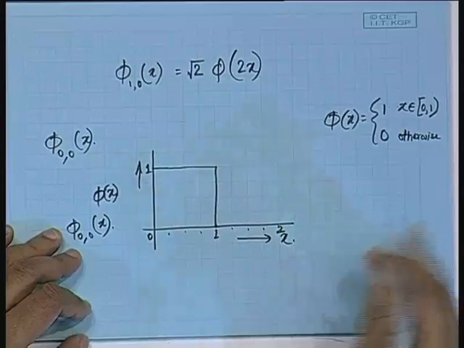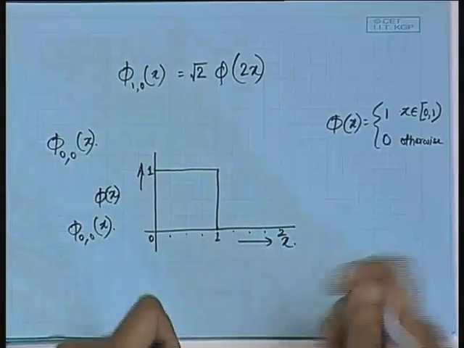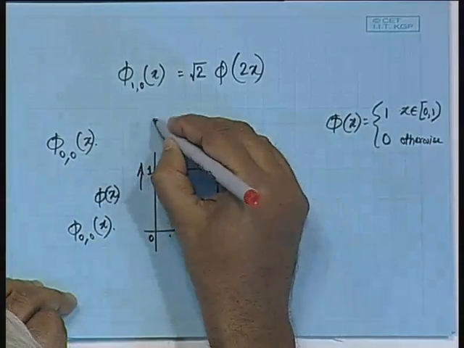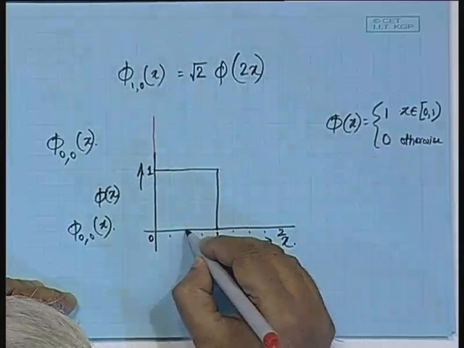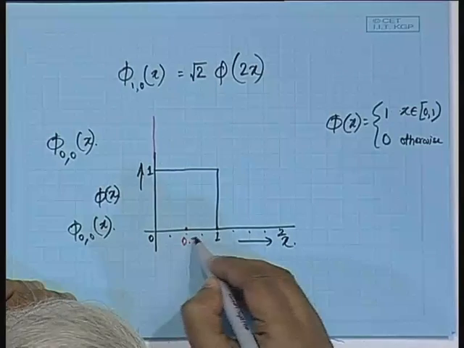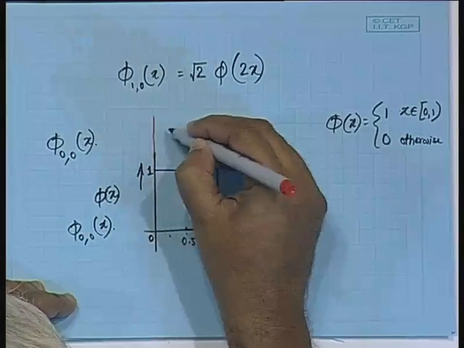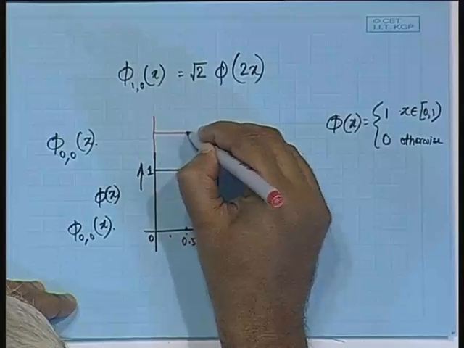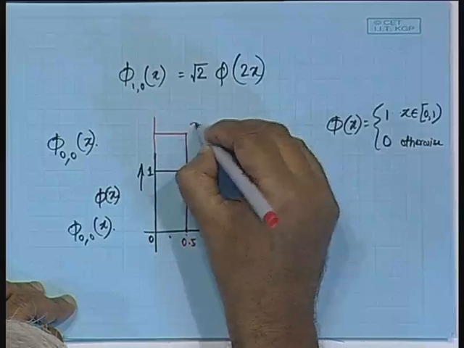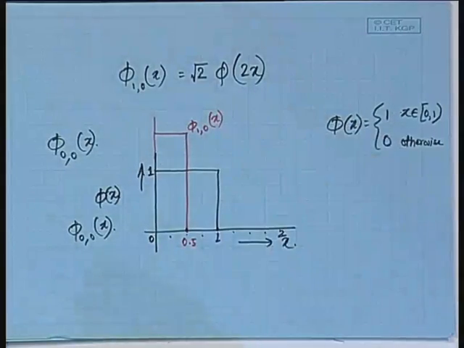So, I have to draw in the same scale, let me use a different color. First of all, its extent will be only up to 0.5, and the second factor is that its amplitude will be root 2 or 1.414. So, this red is something that represents phi 1 0 x.